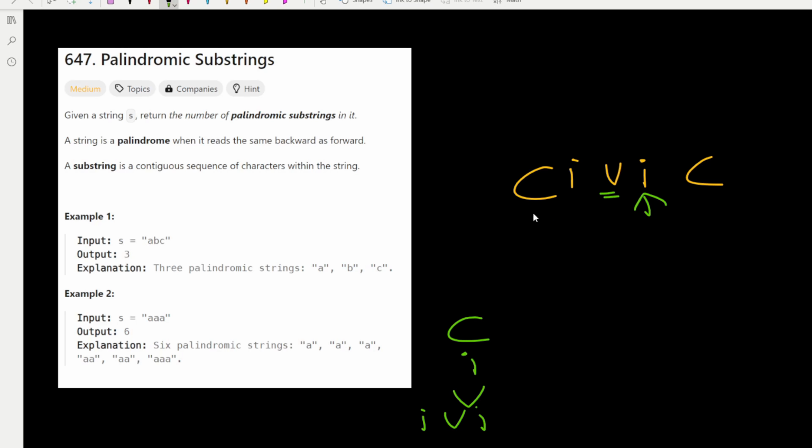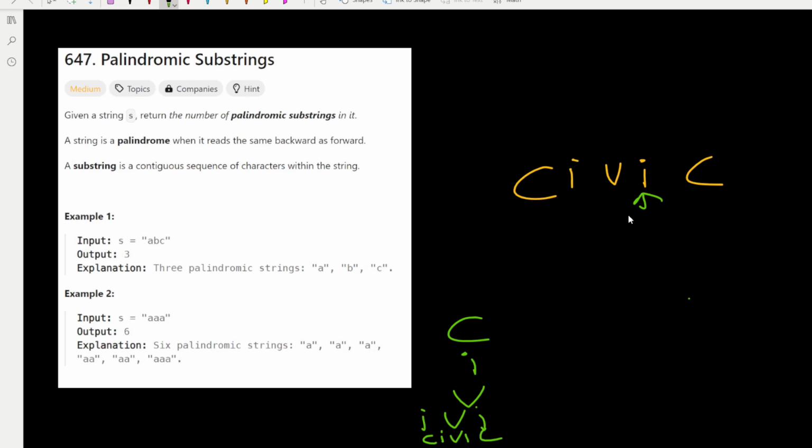So take the left pointer, take the right pointer. Now we have civic as a whole word. Is it a palindromic substring? Indeed it is. So we have civic. Expand again. We notice this time both pointers are out of bounds. So we stop. Now we go to the letter I.